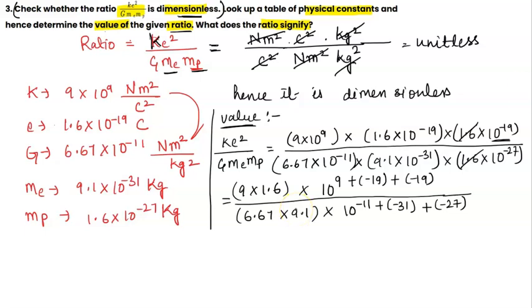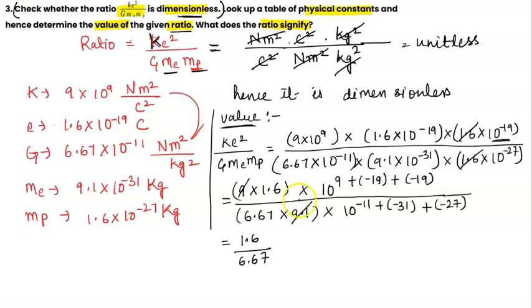Also, you can cancel 9 and 9.1, as both are similar to each other. So we just divide 1.6 by 6.67 and get the answer.